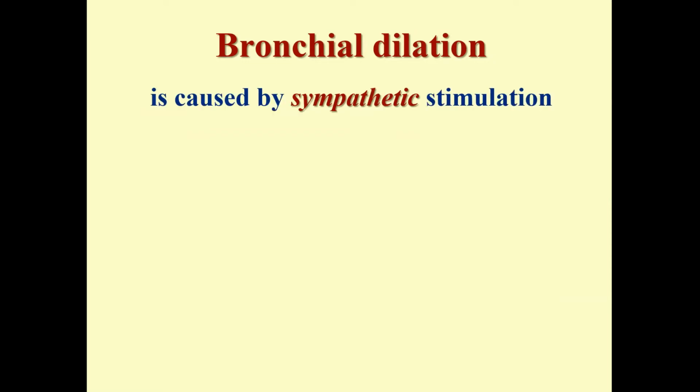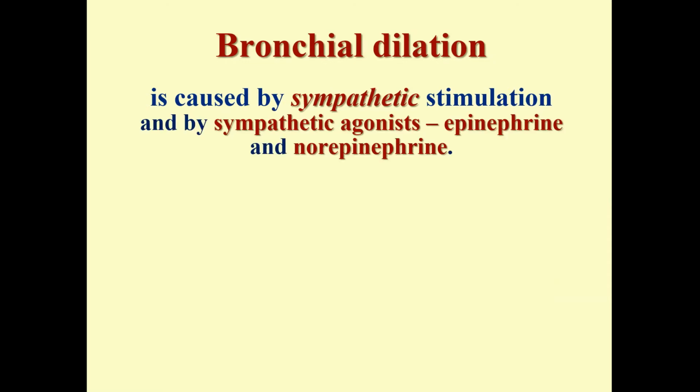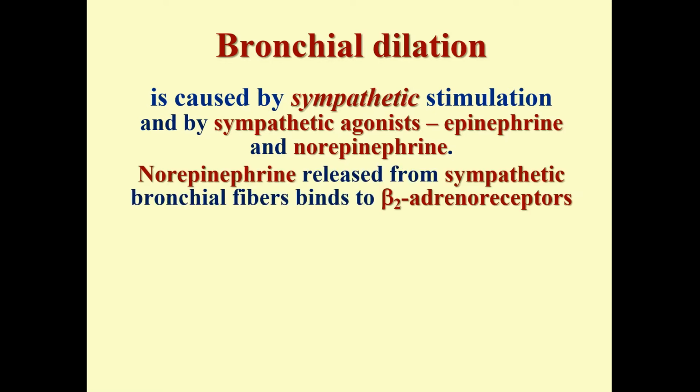Then bronchial dilation. It's necessary when we need to get more oxygen, and it means generally that it occurs due to sympathetic stimulation. And sympathetic stimulation occurs through the same receptors that dilate vessels. And sympathetic transmitter, norepinephrine, and sympathetic agonists, which are hormones, epinephrine and norepinephrine, they all bind to adrenergic receptors of this type, and this is beta-2 adrenergic receptors.